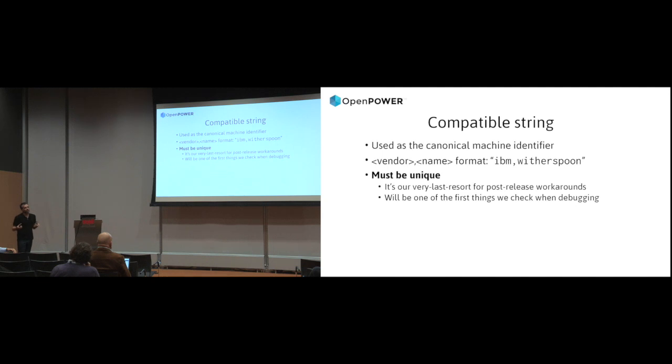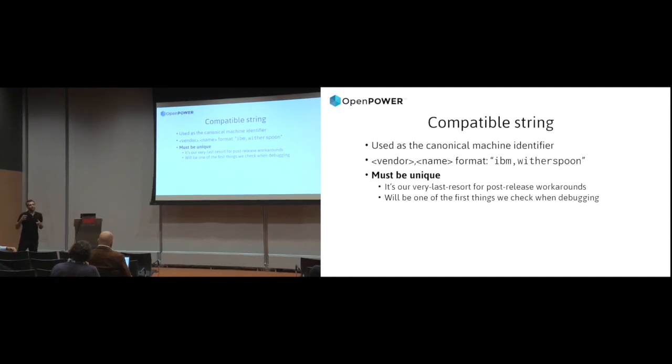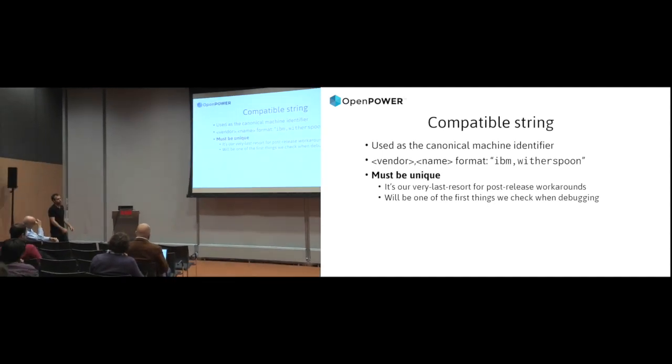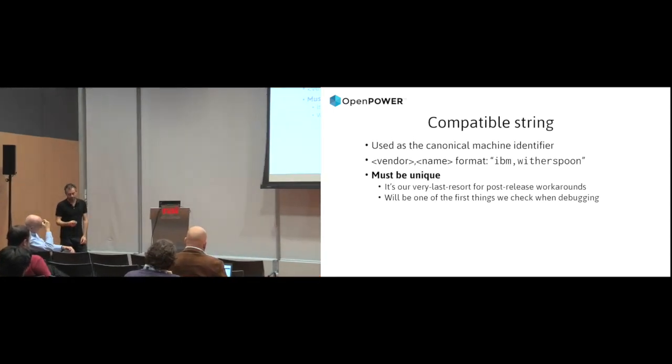This compatible string is our very last resort for any releases, any fixes that need to happen post-release, and it allows us to apply a fix onto one machine, but not the entire OpenPOWER world. And that'll often be when one of us is engaged to debug something, that'll be the first thing we check to make sure that we're actually working on the machine we think we are, and we're working on the code that we think we're working on. So this is really important.